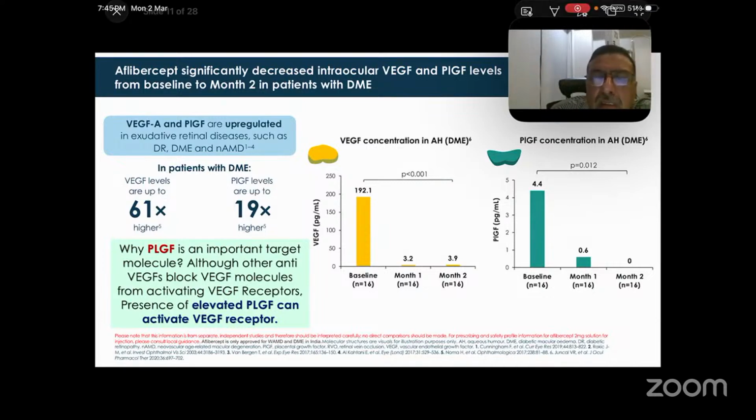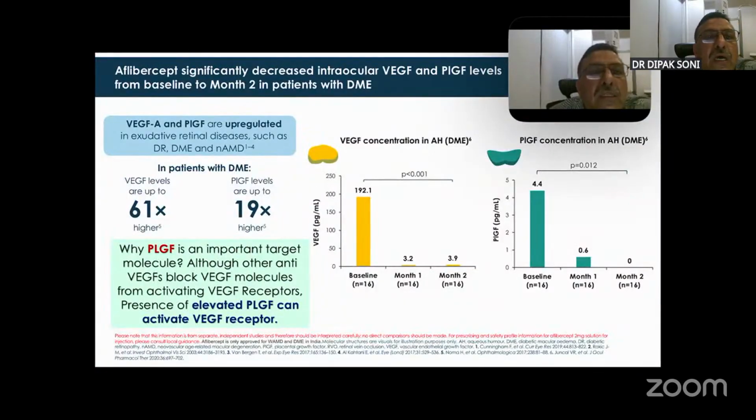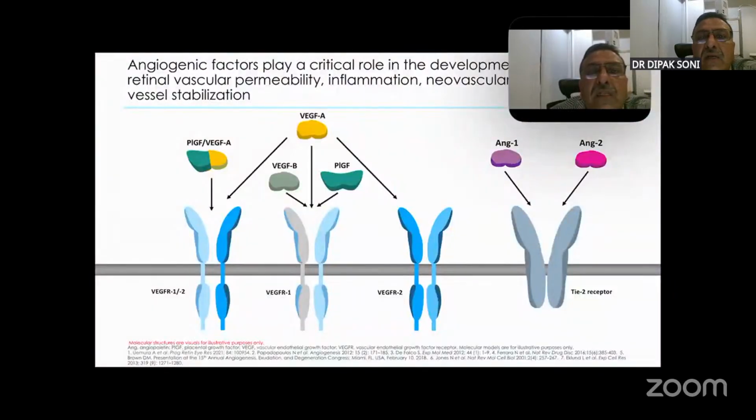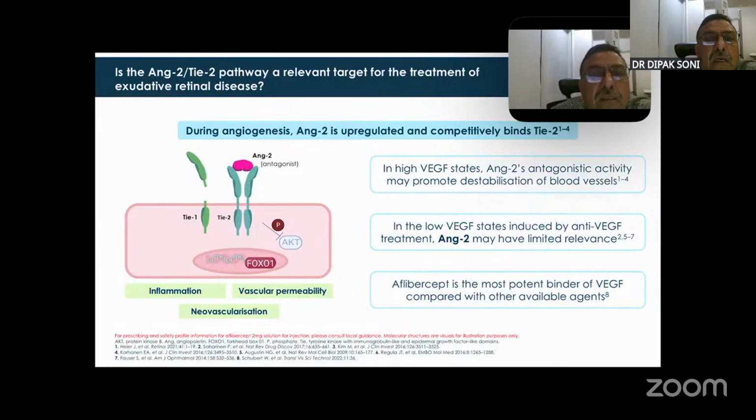The type 2 receptor involves endothelial cell proliferation, migration, survival, and inflammation. The angiopoietin 2 Tie2 pathway is a relevant target for the treatment of exudative retinal disease. During angiogenesis, Ang2 is upregulated and competitively binds Tie2.